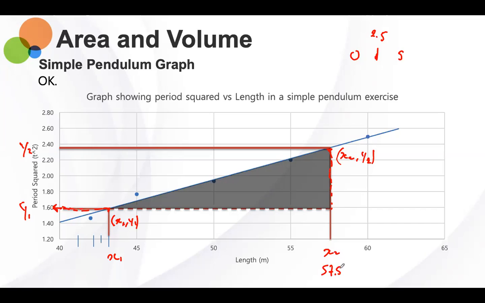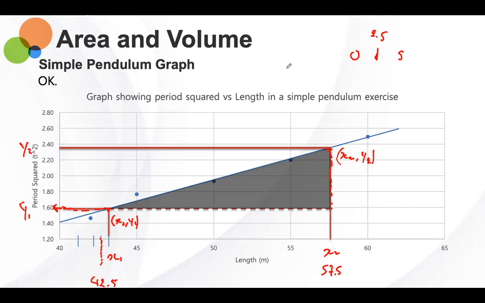Are we all seeing that? Yes, sir. All right. Now, what is in the middle of 40 and 45? 42.5. Right. So 42.5 would be here. Are we all seeing that? Hector, are we seeing that? Yes, sir.